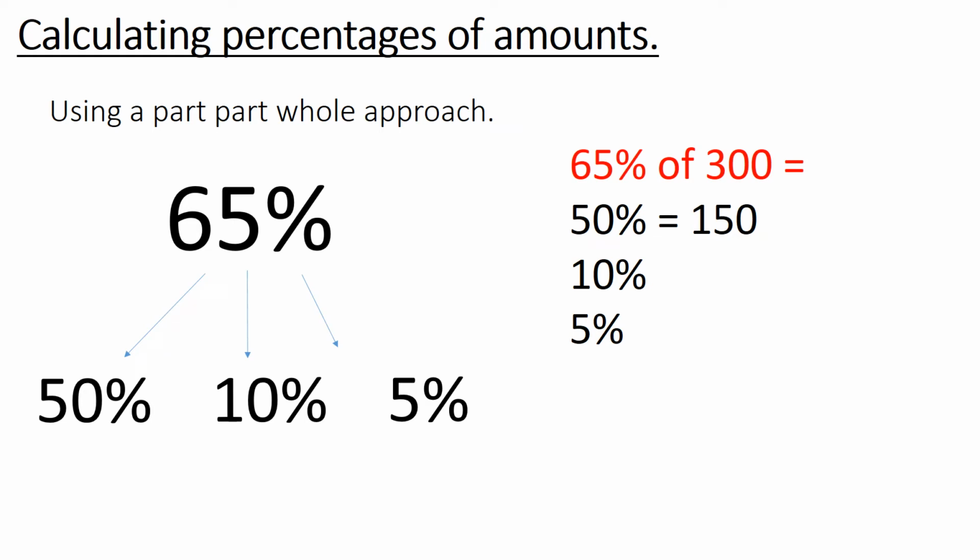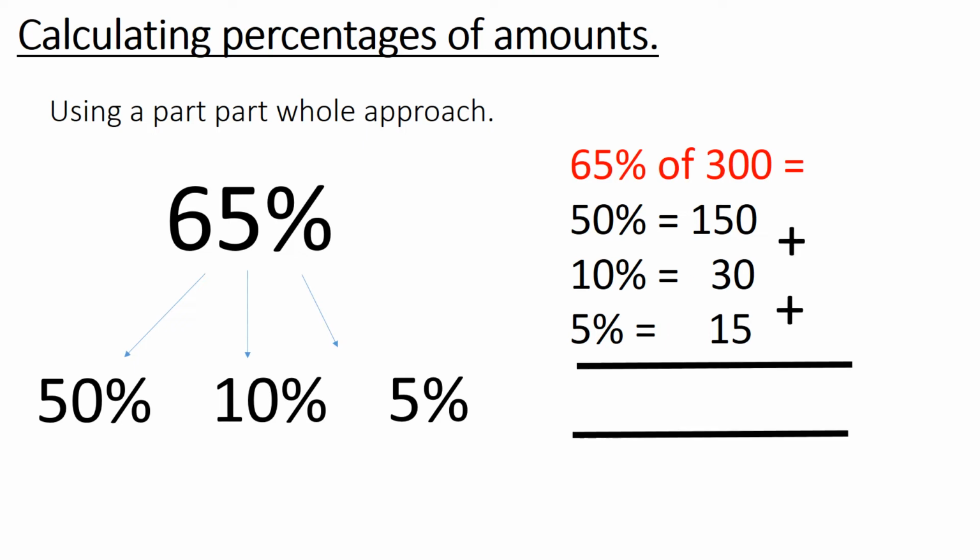You could then find 10%, and remember to start with your original amount and divide 300 by 10, which will give us 30. And then to find 5%, divide the 10% amount by 2. Adding the columns, you can see the answer is 195.